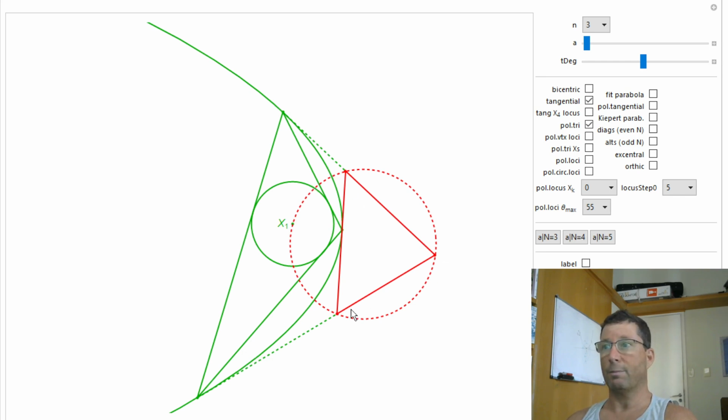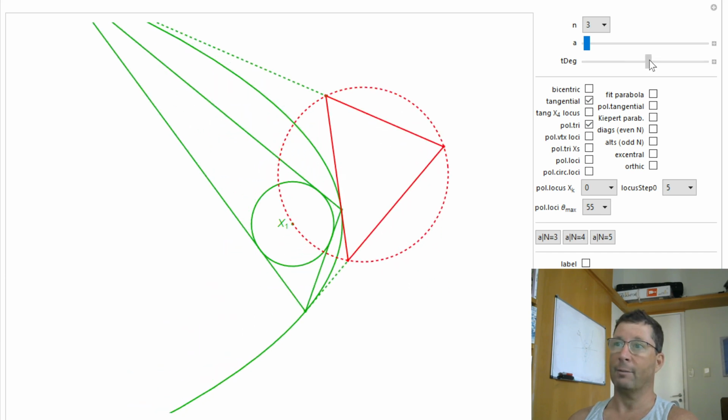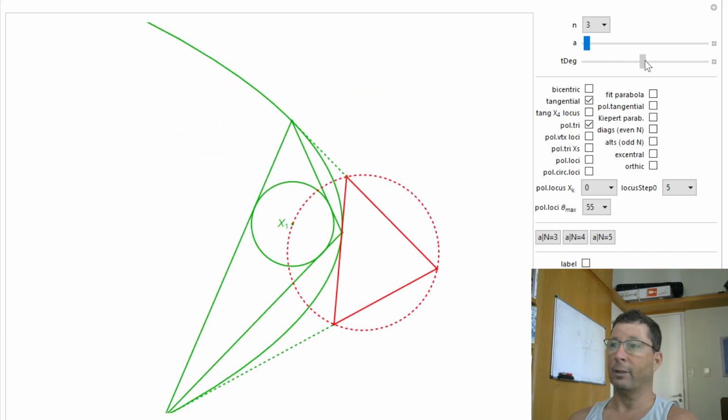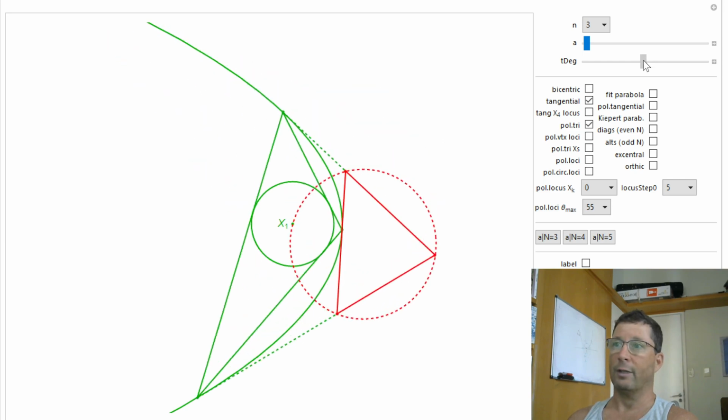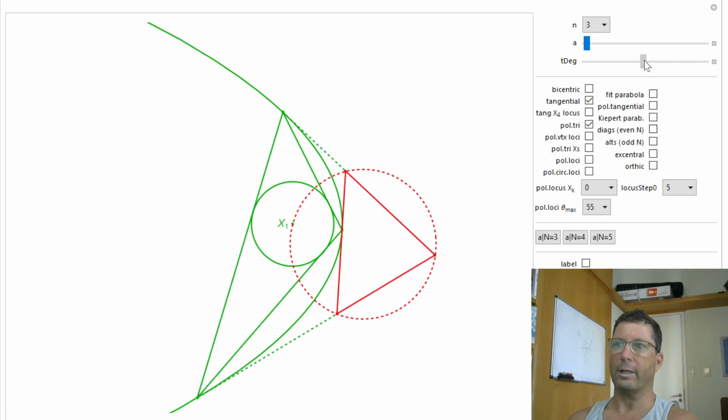So when I draw this polar triangle, which is nothing more than the intersection of three not random but specific tangents, the tangents at the three vertices of this triangle, nonetheless they are three tangents intersecting at the vertices of the red triangle. The circumcircle of the red is going to have to go through the focus dynamically. I'm not enforcing this, I'm simply computing the polar triangle and drawing its circumcircle. Okay, very good.